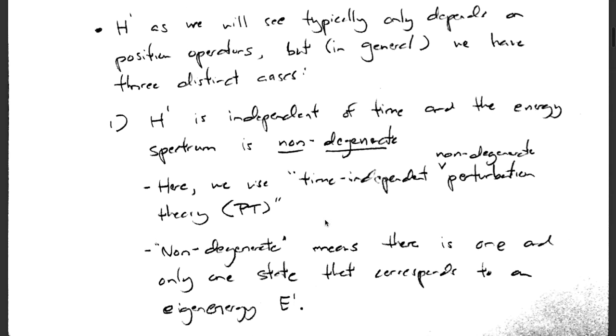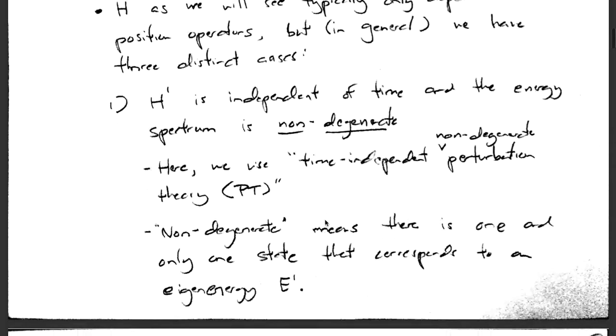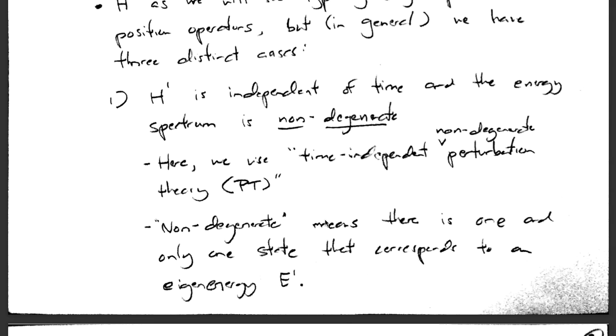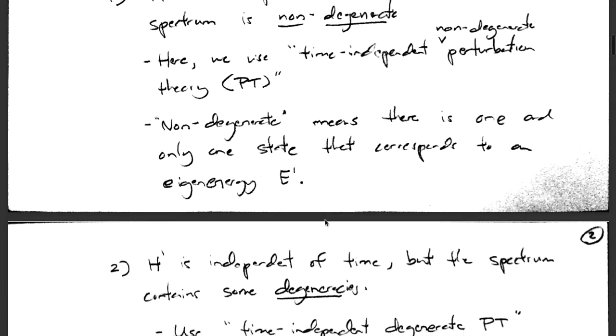Non-degenerate means that there's only one state that corresponds to some particular eigenenergy. So no two states have the same energy, and you'll see a little bit later why we have to break time-independent perturbation theory into these degenerate and non-degenerate cases.